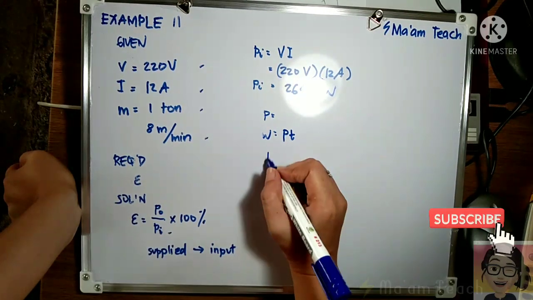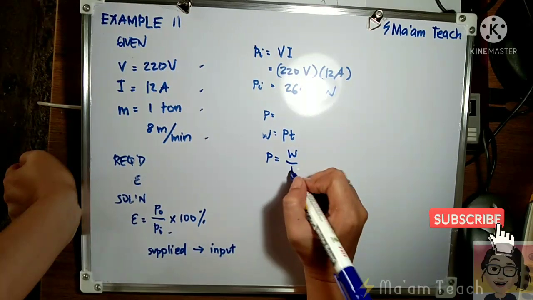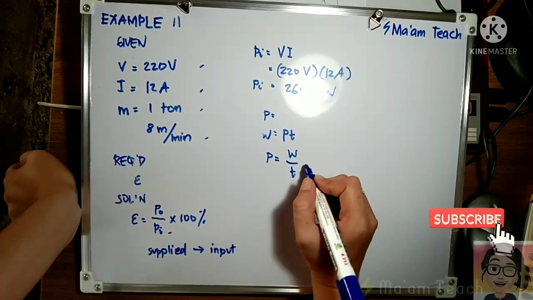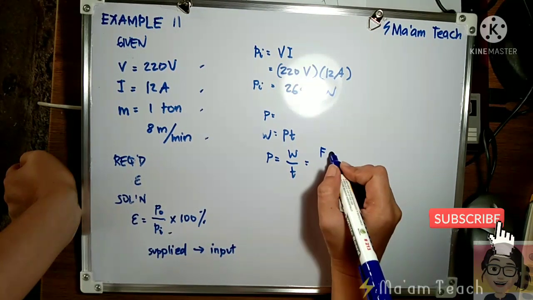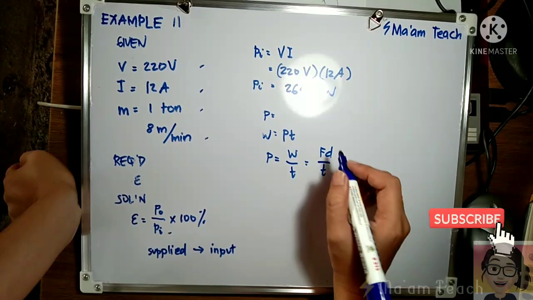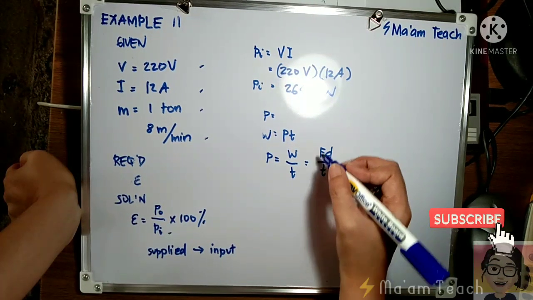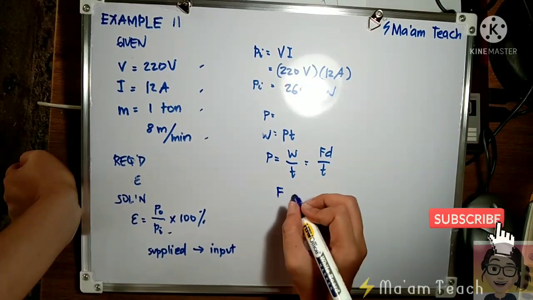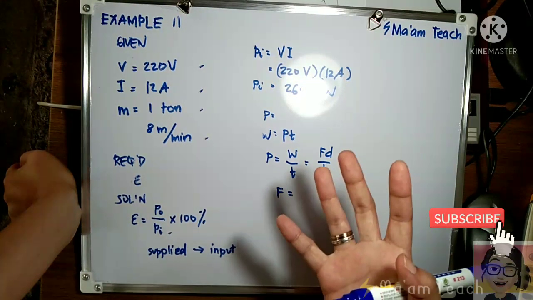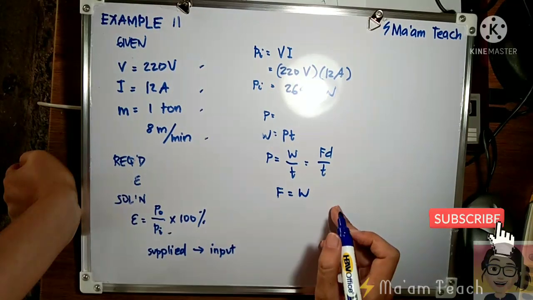So from here, we'll be able to solve for power by dividing work by time. Now recall that work is force times distance, right? So force times distance, where this force is equal to the weight.